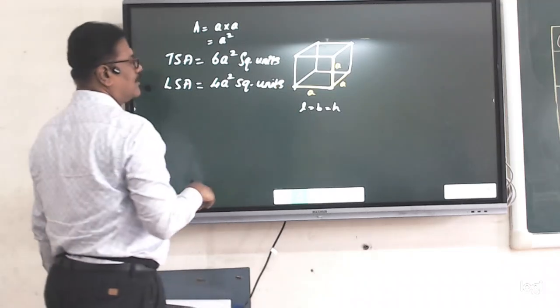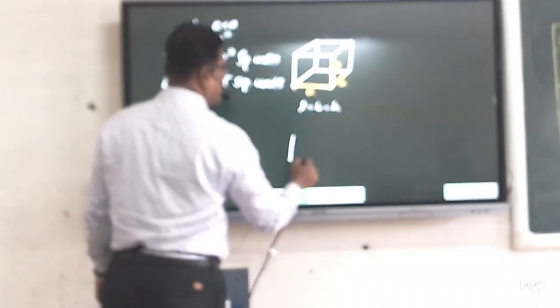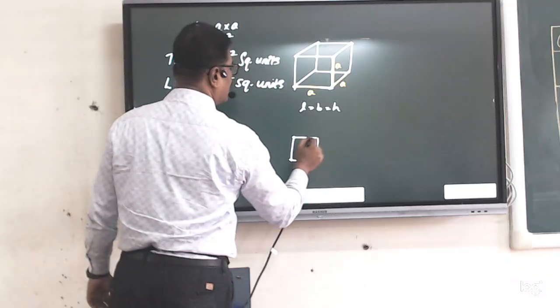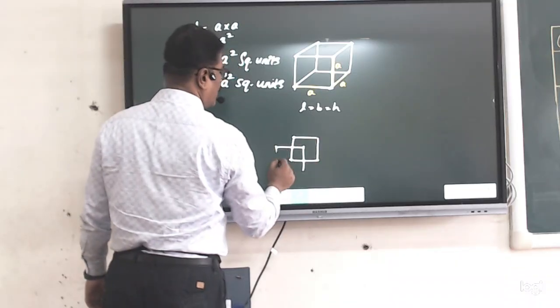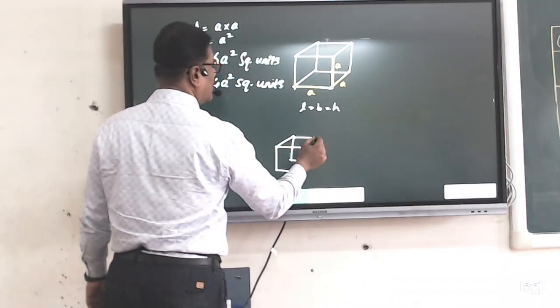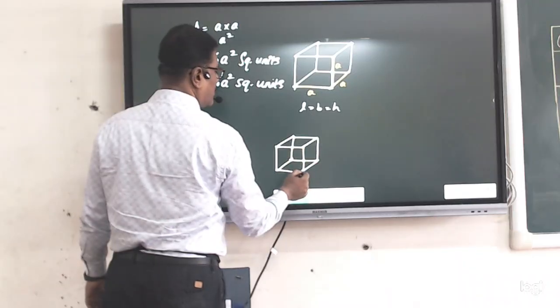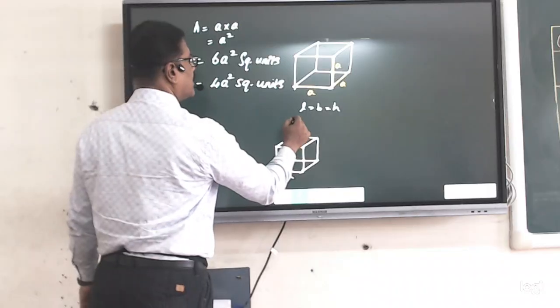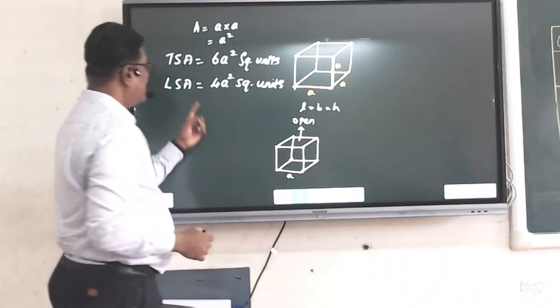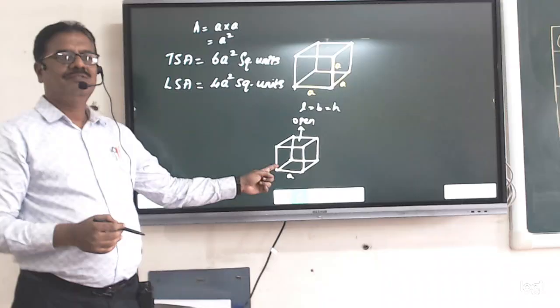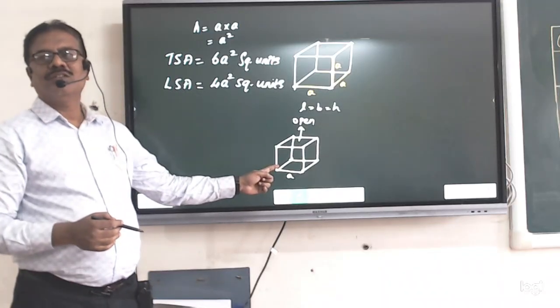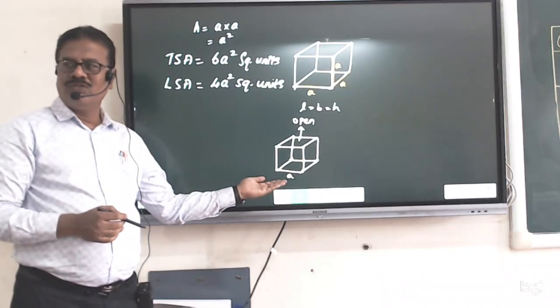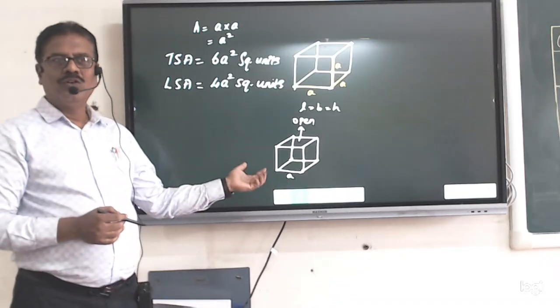Now here also I will draw another solid where the top is kept open. Now come on, make the formula yourself. See, this is given by a, this is open, the top is kept open. Can I apply the LSA to find the area of the solid? No. Why? Because if I apply LSA, the bottom, which is closed, will not come into the role there.